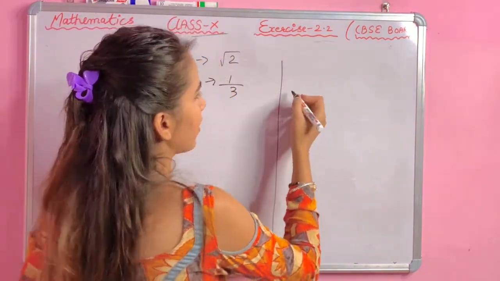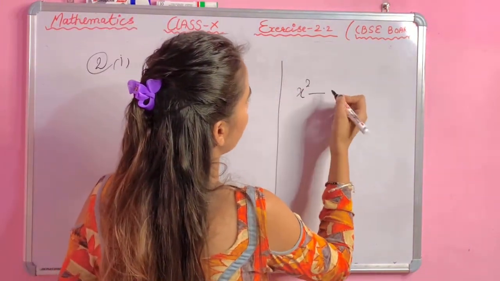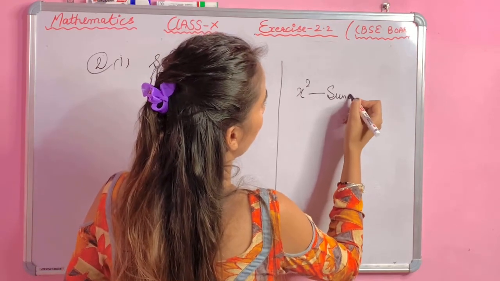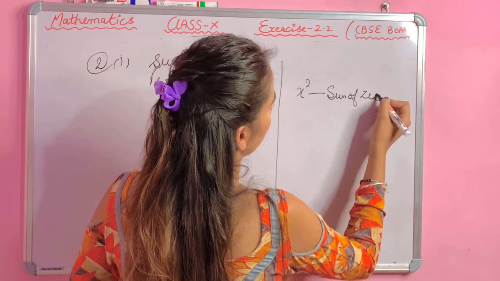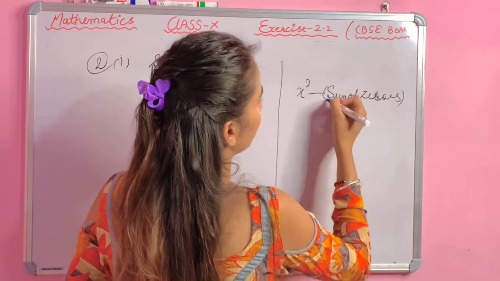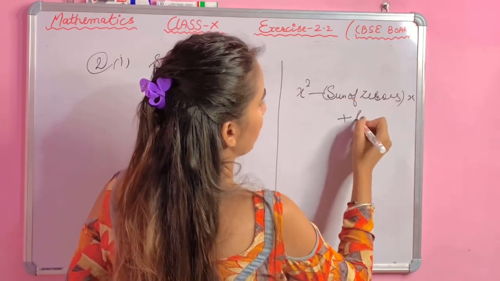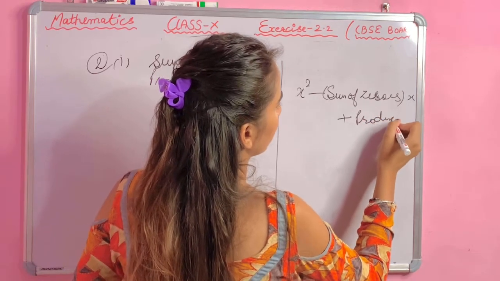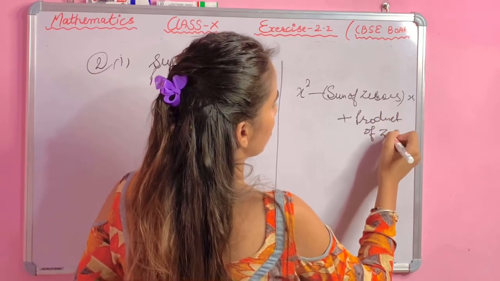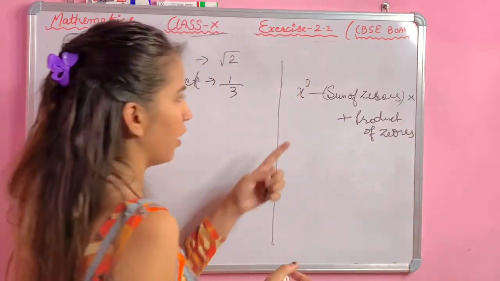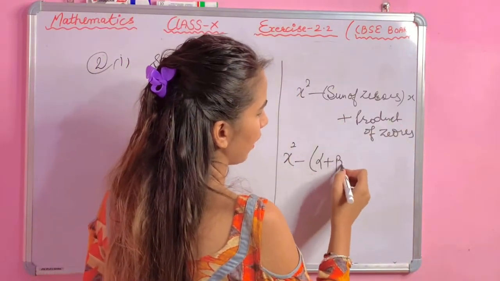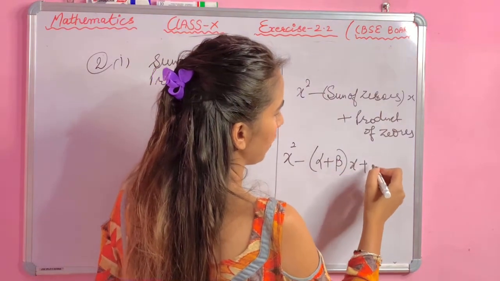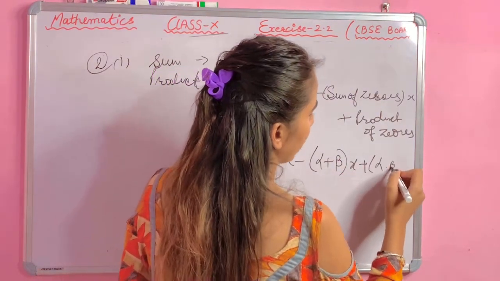We can write it as x² − (sum of zeros)x + product of zeros, like x² − (alpha + beta)x + alpha·beta.